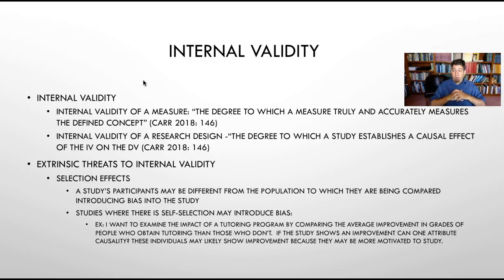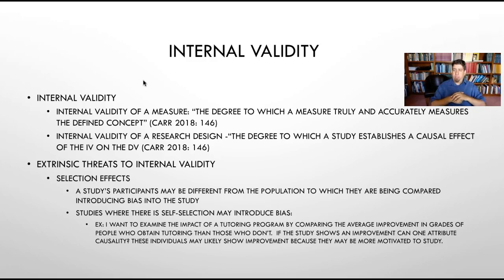So let's talk a little bit about some of these extrinsic threats to internal validity. One of those is selection effects, and that is when the study's participants are different from the population to which we want to compare them, and that introduces a bias into the study. So, for example, if I want to examine the impact of a tutoring program by comparing the average improvement in grades of people who obtain tutoring with those who don't, what we have is perhaps a self-selection bias.